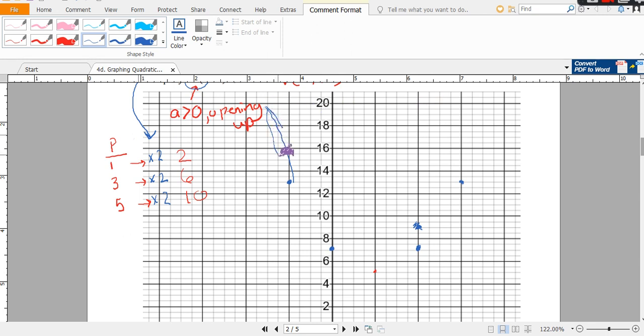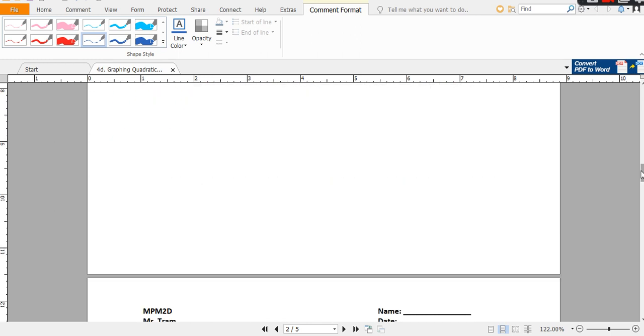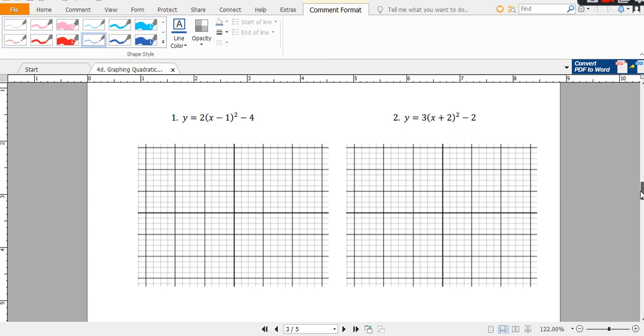I need to calibrate this, I think. So this is probably the worst parabola I've ever drawn in my entire life. Okay, so let me show you just one more example, and then you should be able to do the rest on your own.